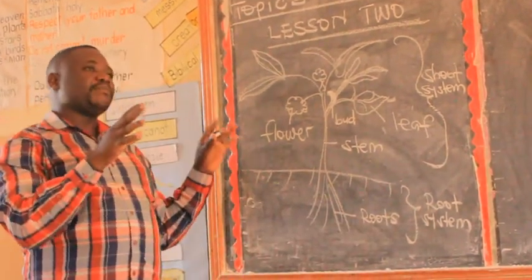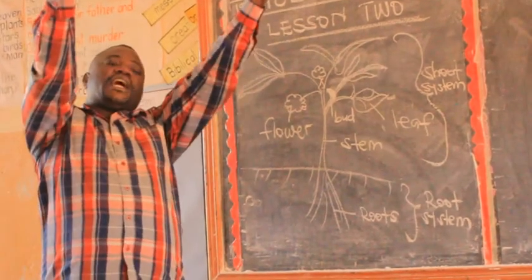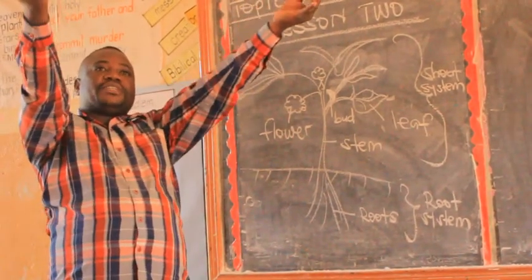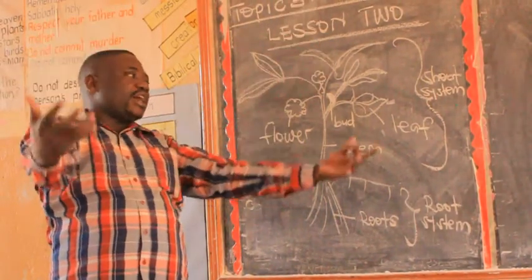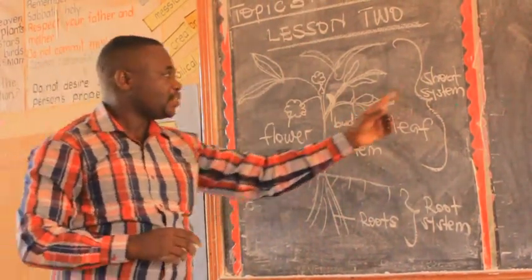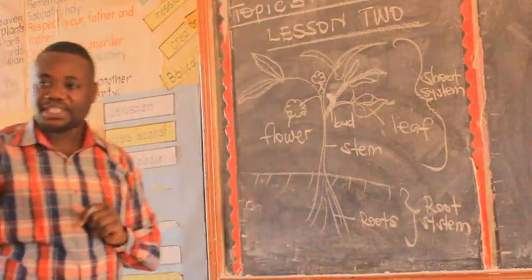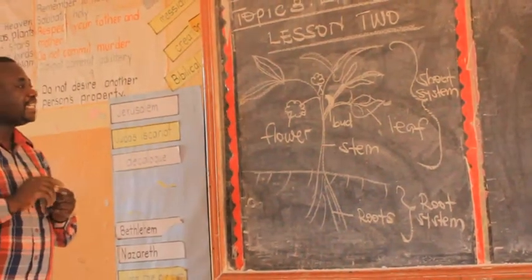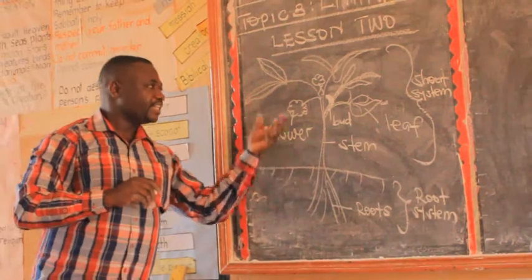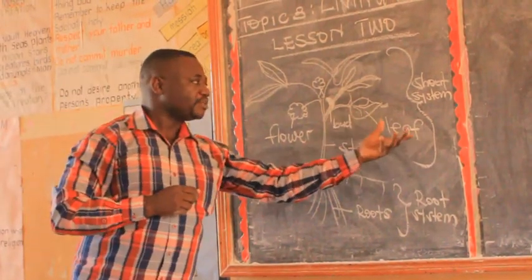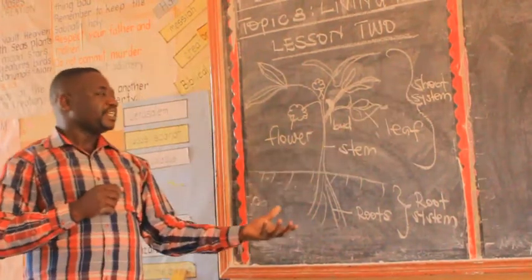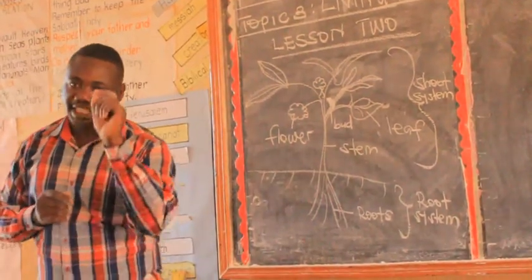Then the system which is found above the ground, we call the shoot system. My good children, I understand you are getting what I'm trying to say here. The system that is found above the ground, we call the shoot system.